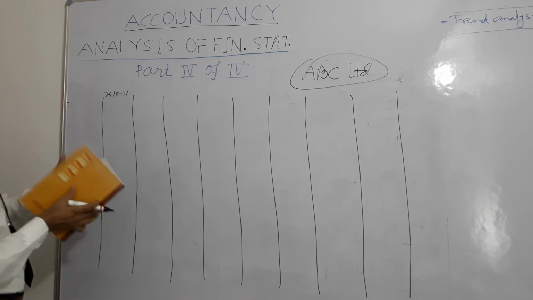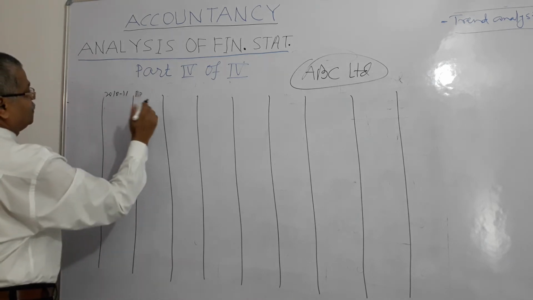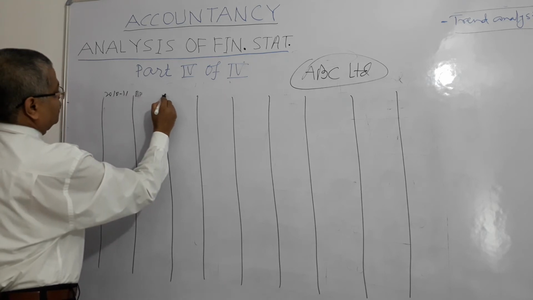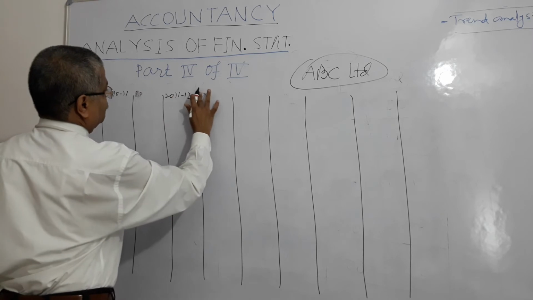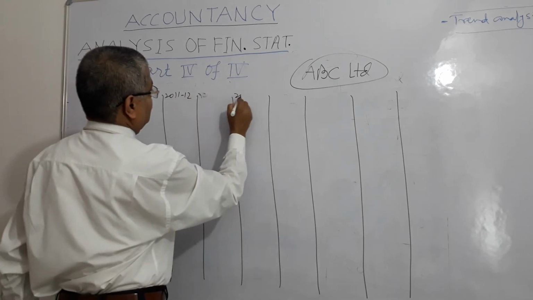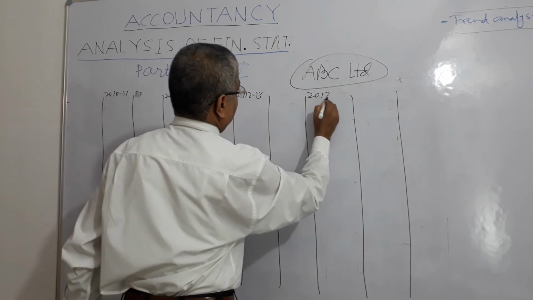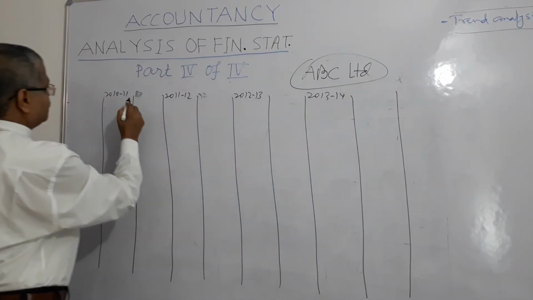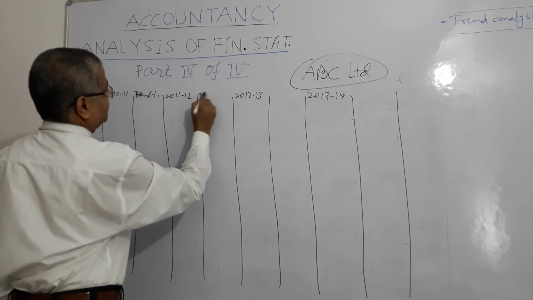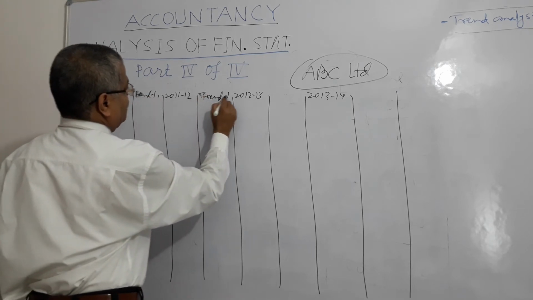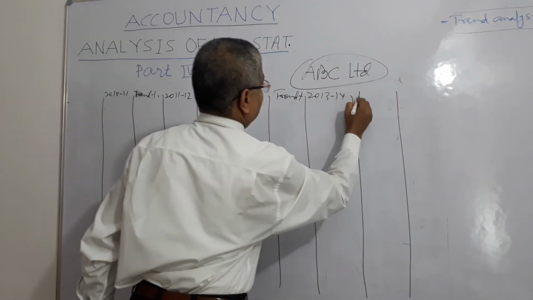One column we will leave in between for trend percentage. 10, 11, 11, 12, 12, 13, 13, 14, right? And here we will have trend percent, trend percent, trend percent.